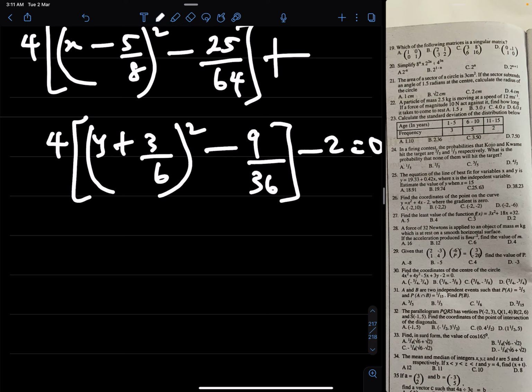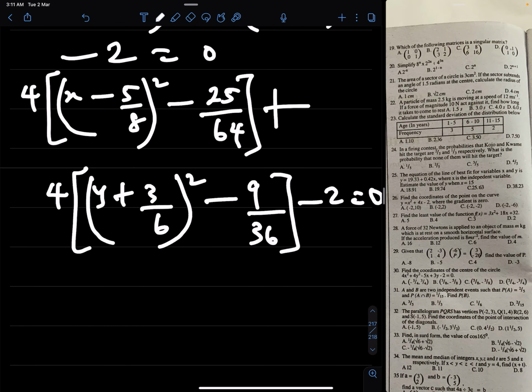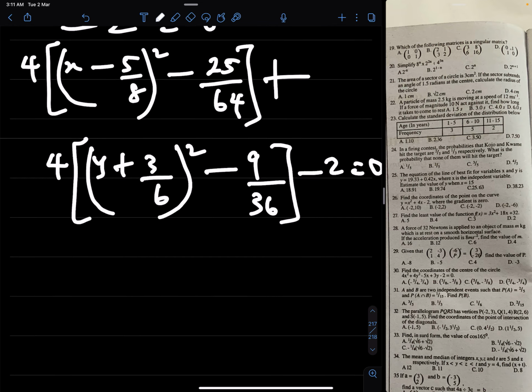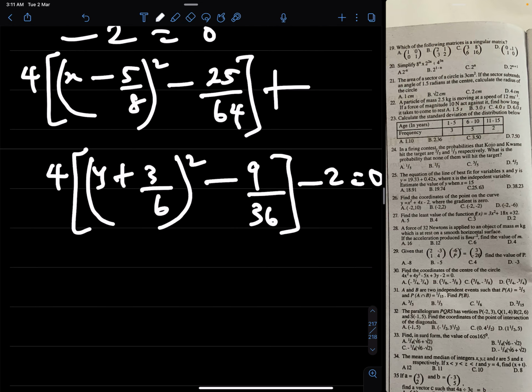So how do we move on? This simply means, okay, if I decide to divide through by 4, this will be over 4 over 4, and this will be over 4.